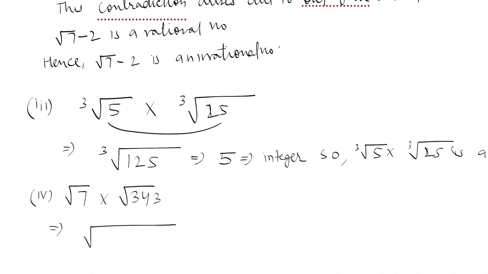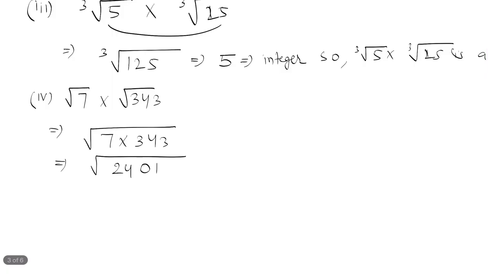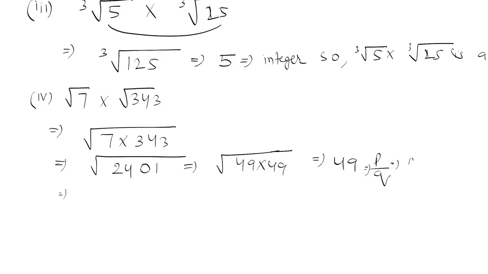We can write this as root 7 into 343, which is equal to 2401, which is a perfect square of 49, which is in the form of p upon q, or it is an integer.